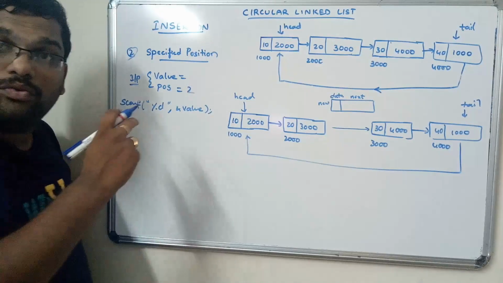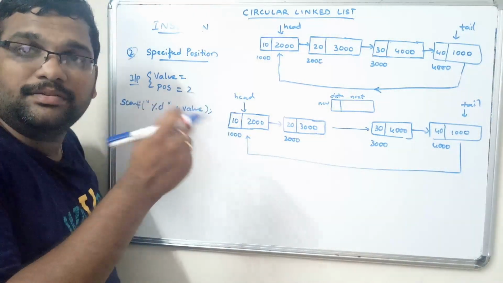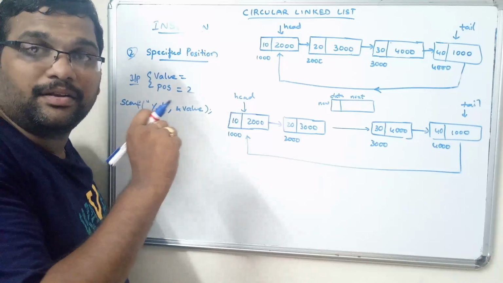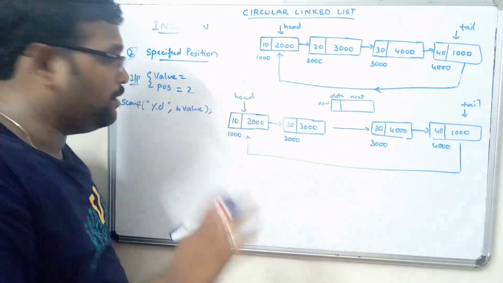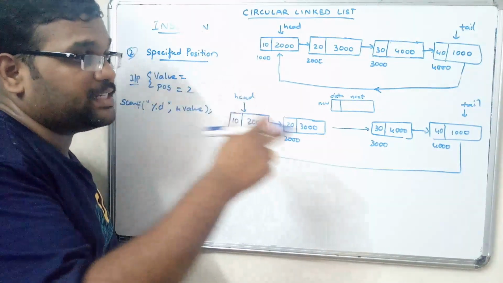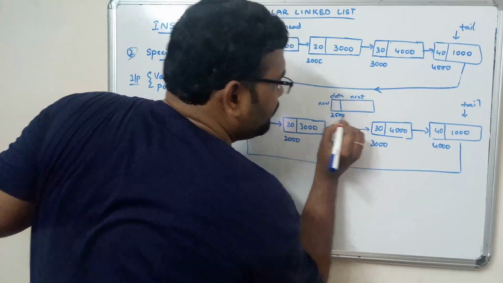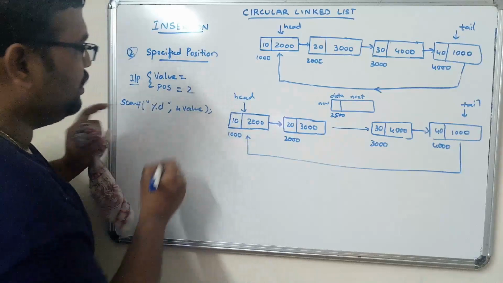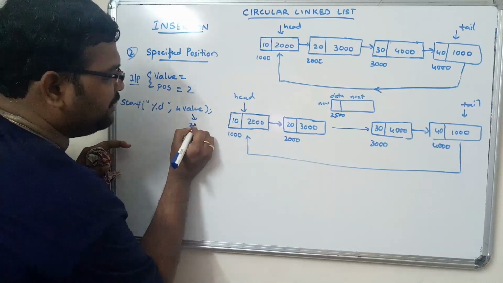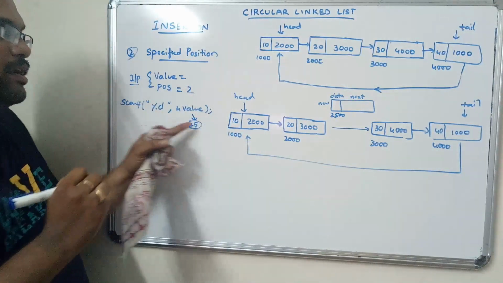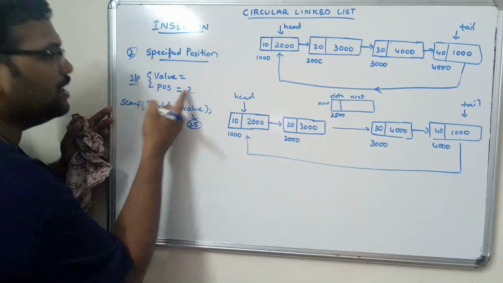First we have to write the memory allocation. Just before, we have written that new is equal to struct node star, so that the address will be assigned to new. Let the address be 2500 here. Value will be 25, and the position is 2.